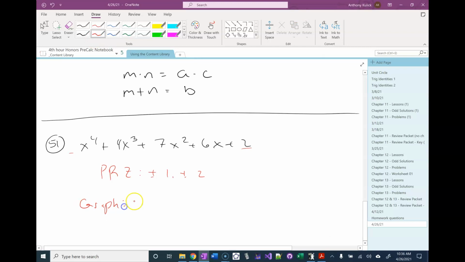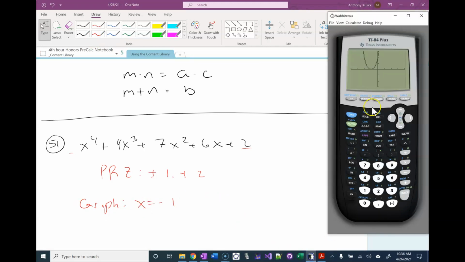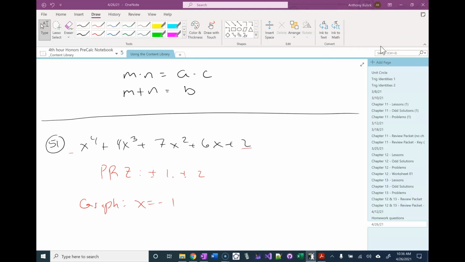Now, did you notice the way that x-intercept is happening? You see how it's hitting the x-axis and then bouncing back in the same direction? There's a rule for how many times those things can be used. A bounce indicates that that x-intercept is going to be used an even number of times in my synthetic division.